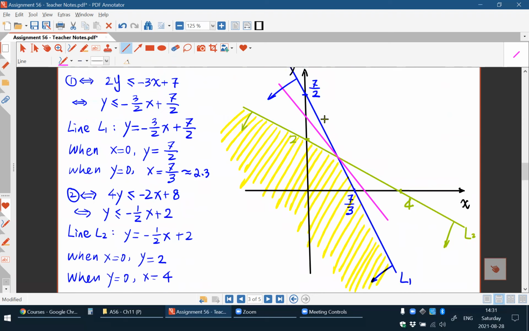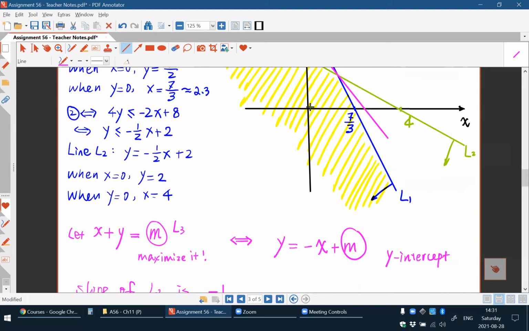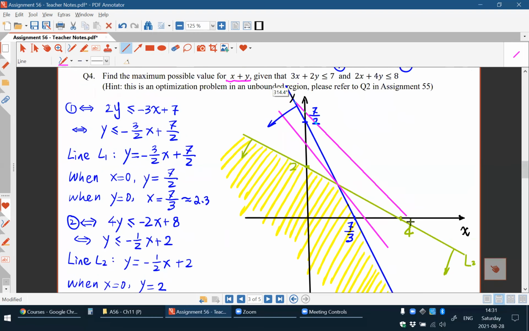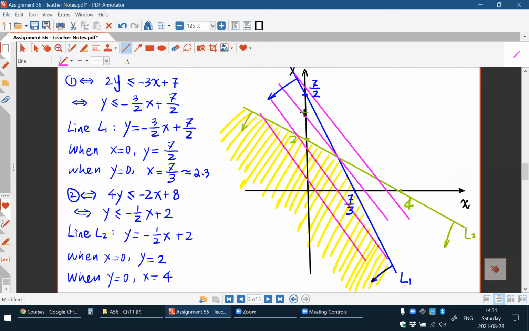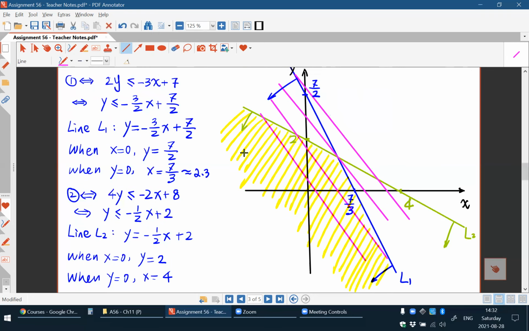This means the pink line must be in the middle of the blue line and green line, right? Because the m is undetermined, the pink line should be a family of lines that has different y-intercepts, right? Now, can you tell me where this pink line should be in order to maximize its y-intercept, as well as crossing the shaded region?